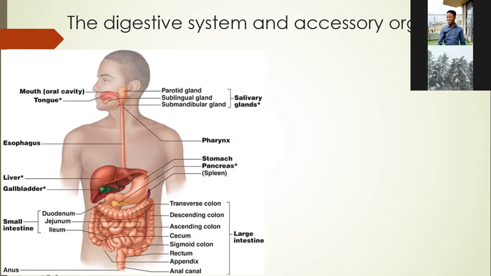Now, what I need you to note is that I'm focusing on where the enzymes are coming from and the environment in which they work and the substrate that they target. And finally, when they target that substrate, what product will they get and where does it go?